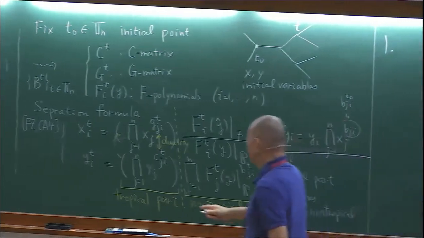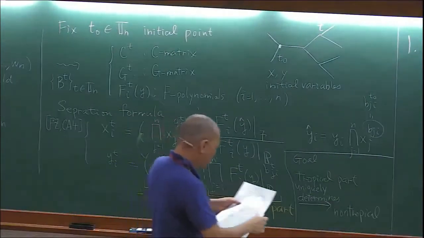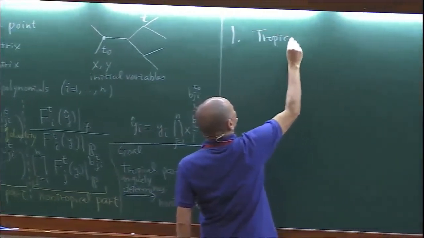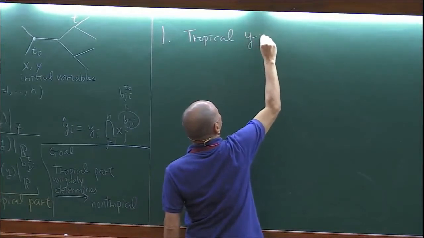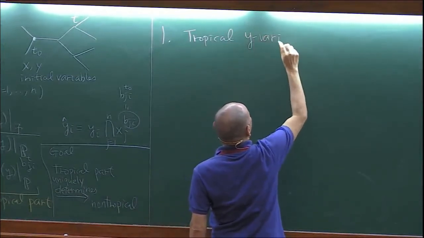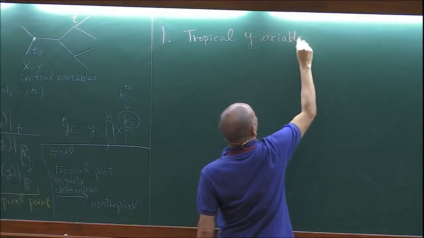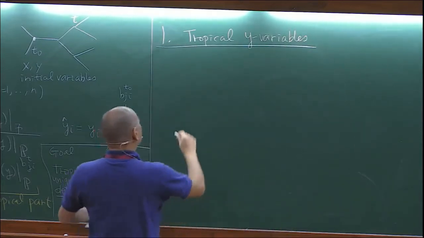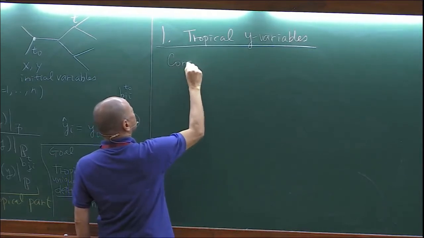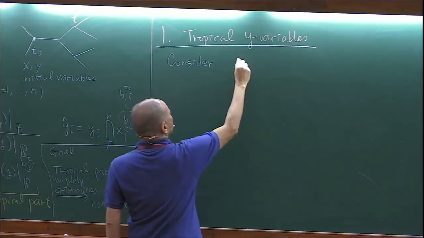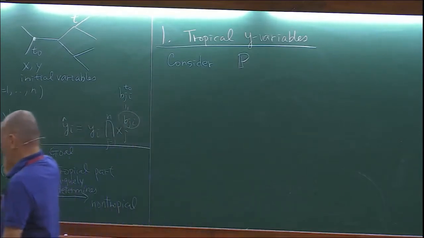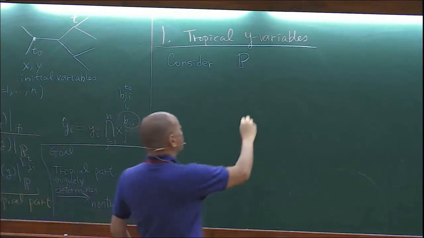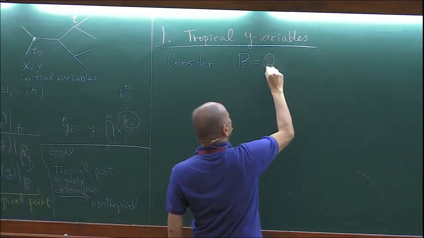So first of all, I explain why this is considered as a tropical part. I will give a notion of tropical y variables. To explain this, first consider the following setting. We consider a cluster pattern for any kind of semi-field, but we particularly consider the most general one.